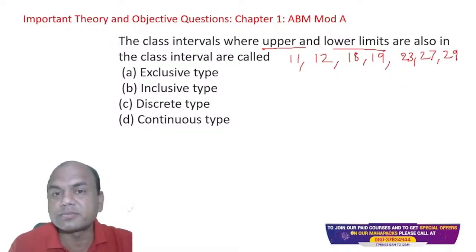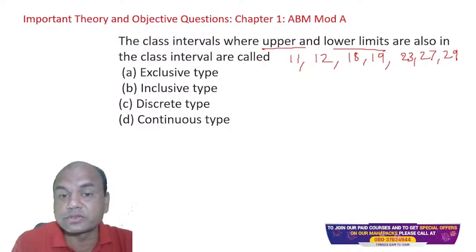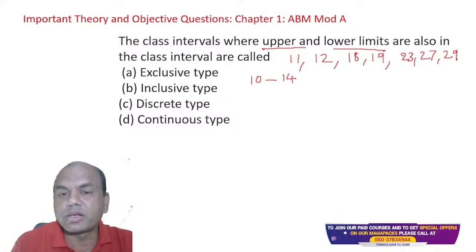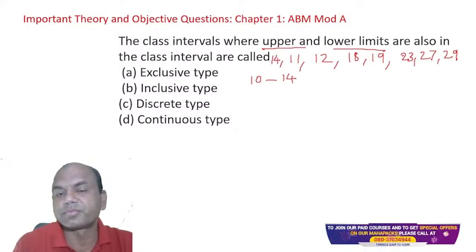So how will I arrange them? Let me start with a simple one. I can arrange it this way: 10 to 14, and there I'll write both inclusive, 10 also included and 14 also included. Let me add one number over here, let's say 14.